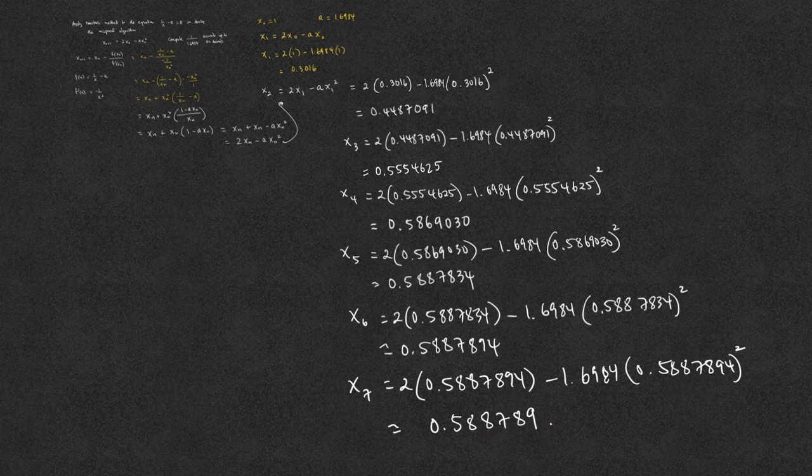We see that this is the same as the previous number rounded to 6 decimal places, 0.588789. So we stop. We conclude that 1 over 1.6984 is approximately 0.588789. We use 7 steps to get to the answer.